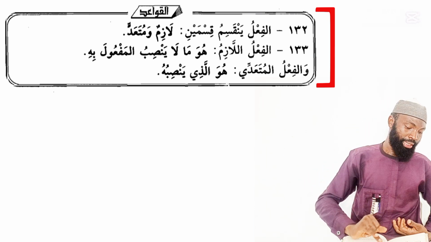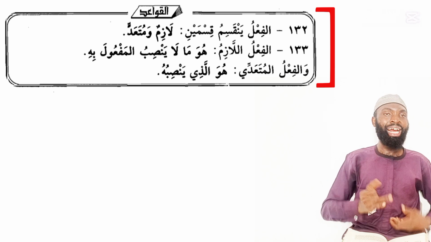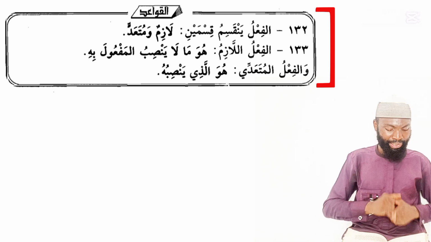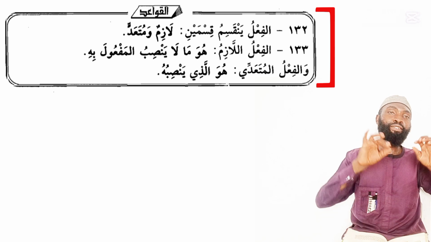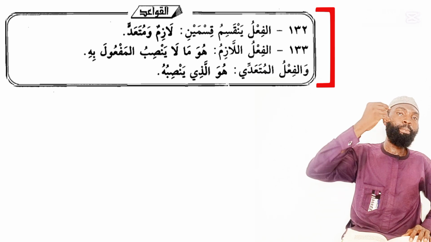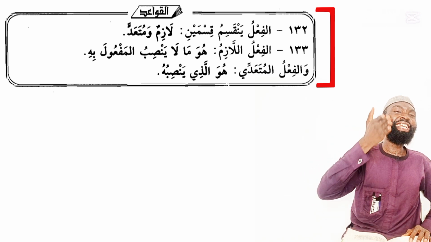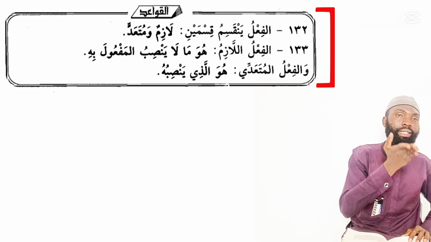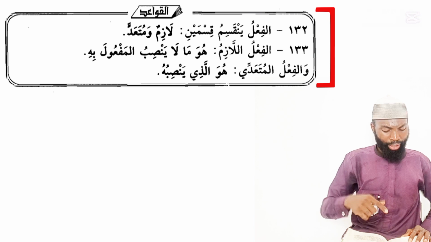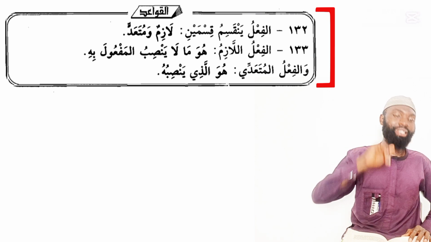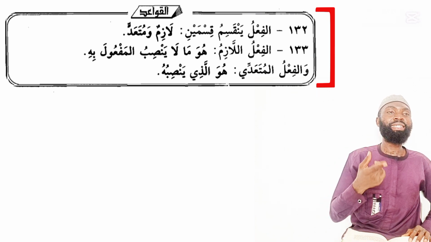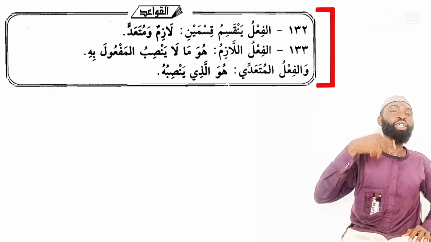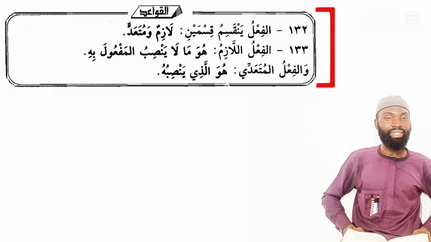Now the last rule says, as for the intransitive verb, it is the verb that will not make an object to be in the accusative case, because we know all objects should be in the accusative case carrying fatha. And as for the transitive verb, it is the one that does make the object to be in the accusative case.